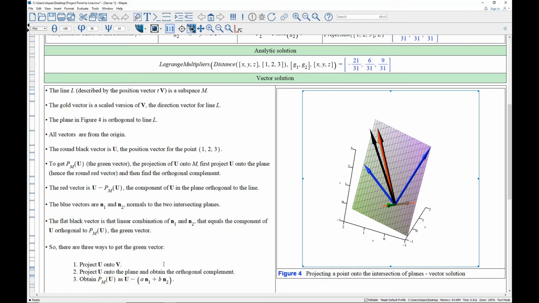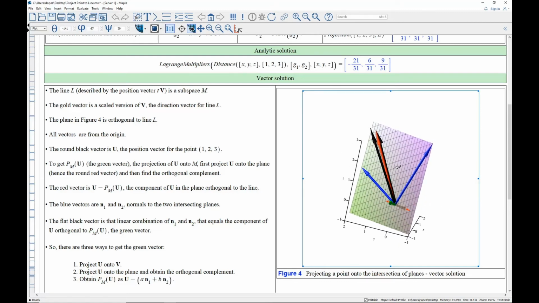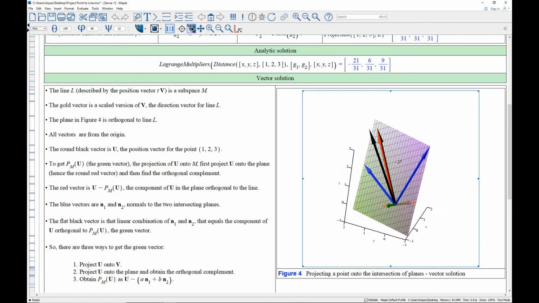And so the red vector that I get as a linear combination of these two normals, I've drawn as a flat black vector. And since they lie on top of each other, it's very hard to see that you have two vectors that you got from two different ways.